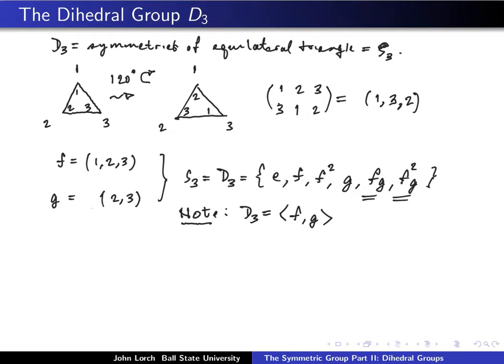So that's the first thing. The second thing is that the order of F is 3, and the order of G is 2. And then F and G interact in this way. That is, if I take FG, that's the same as taking G times F squared.